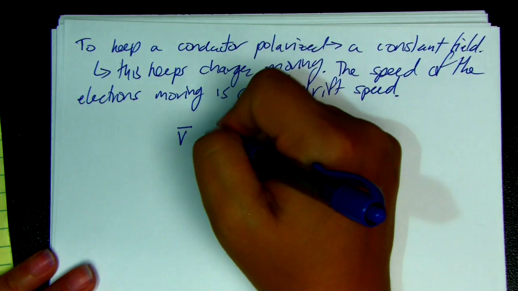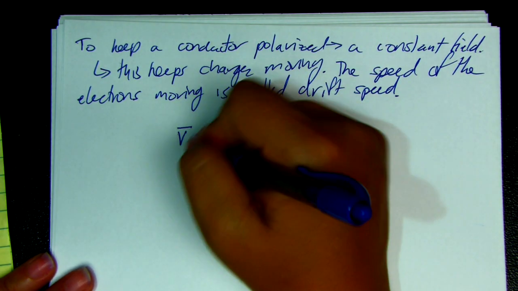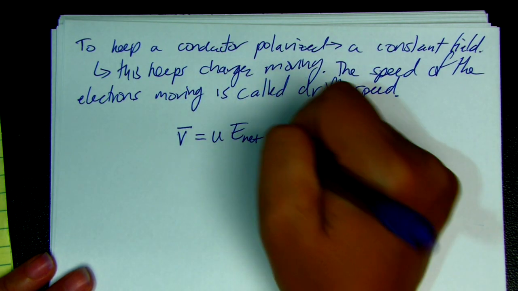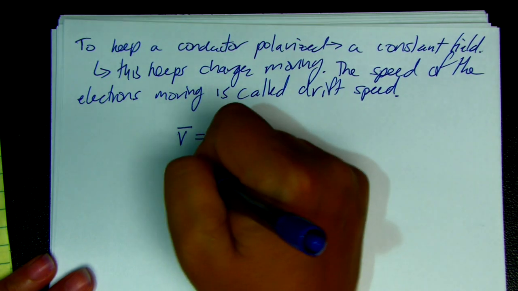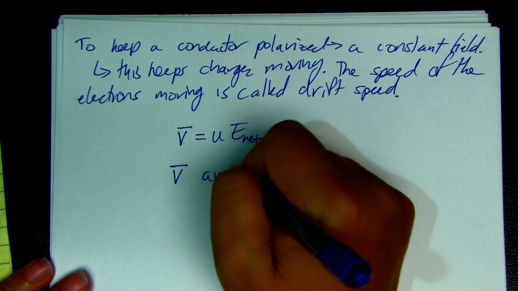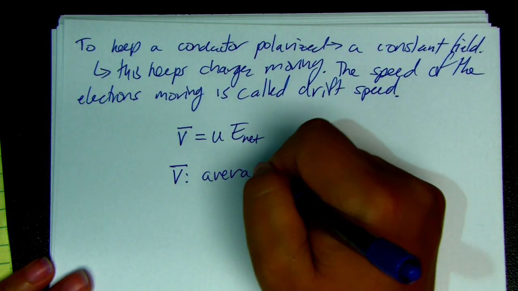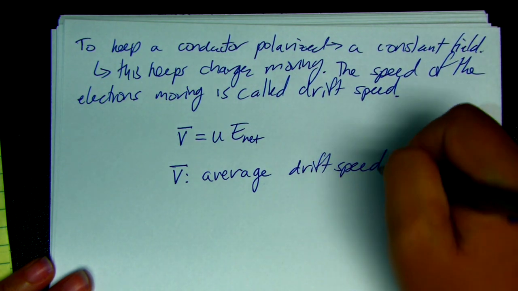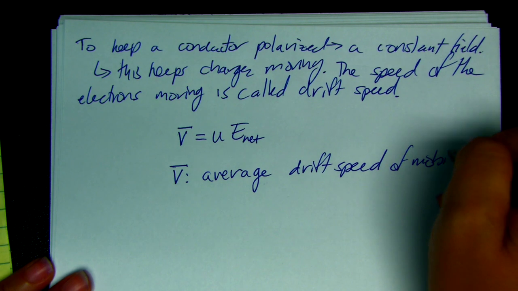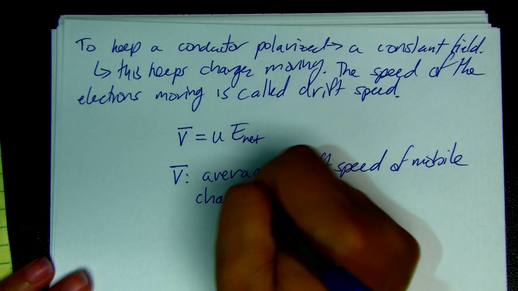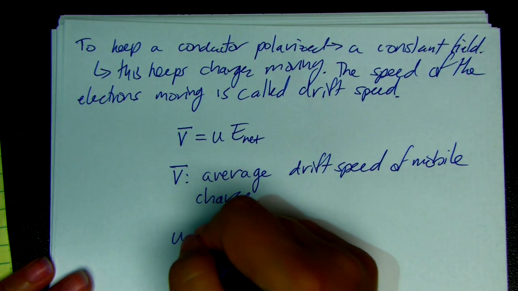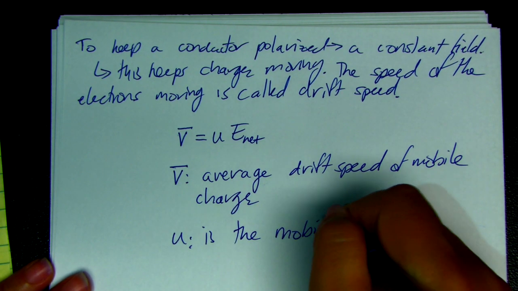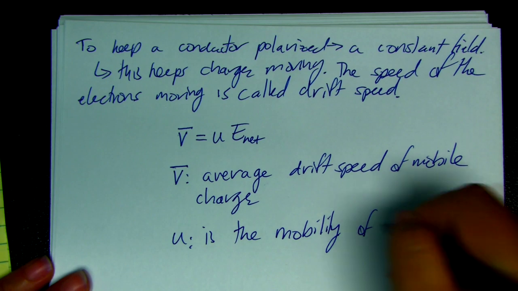So drift speed is written as v-bar equals u times E net. V-bar is the average drift speed of mobile charges, and u is the mobility of a charge.